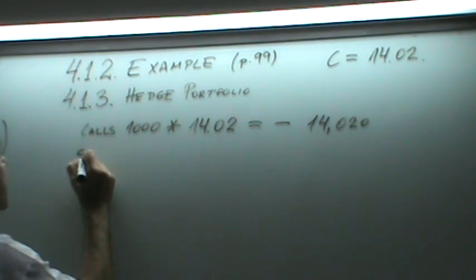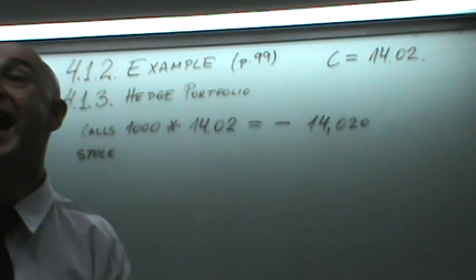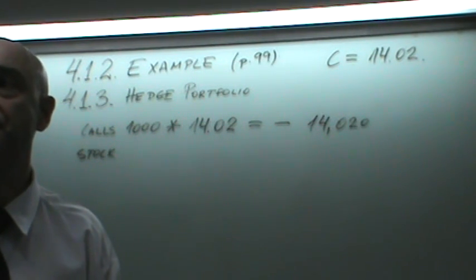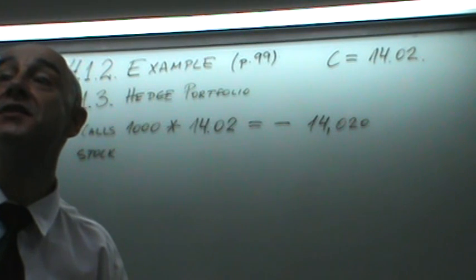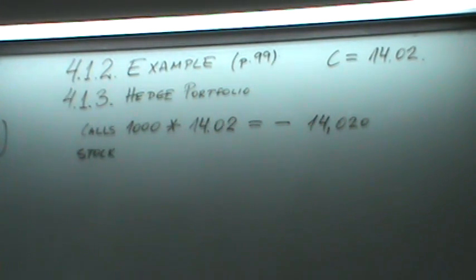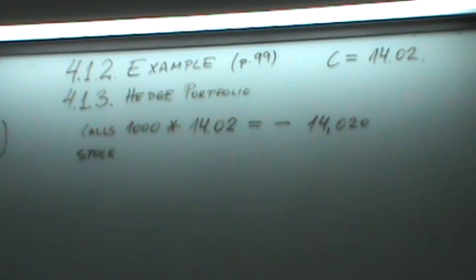And we got stock. What's the stock? How many stocks? For 1,000 calls, how many stocks? 556. Take a look, everybody. We calculated that.